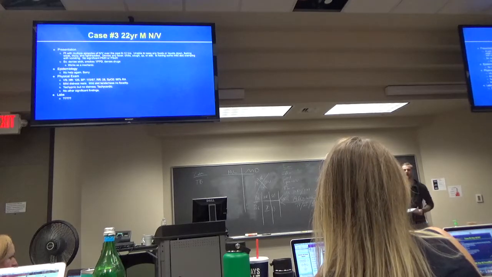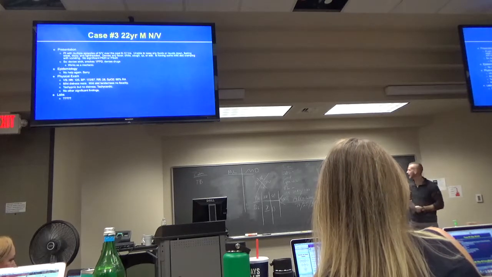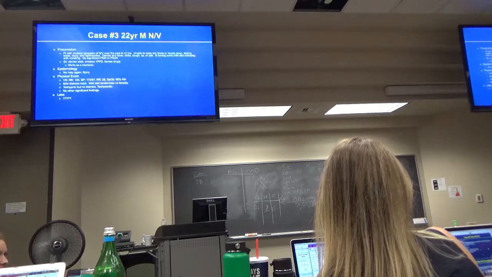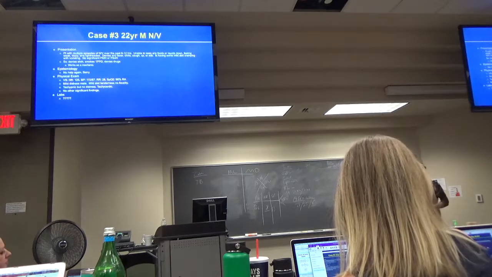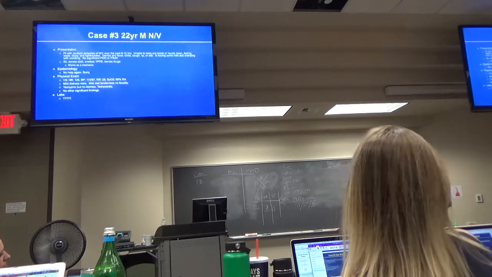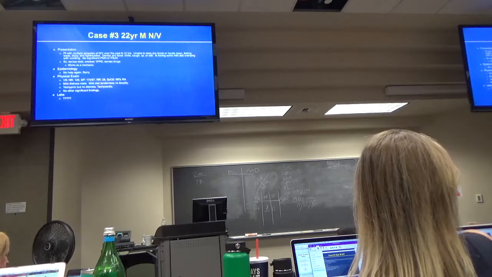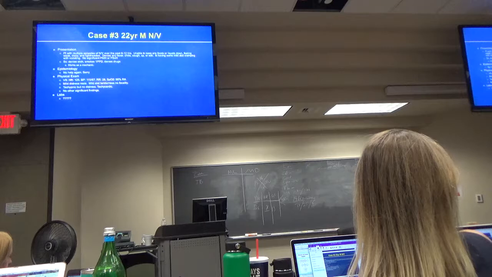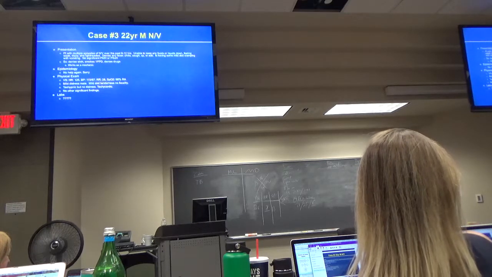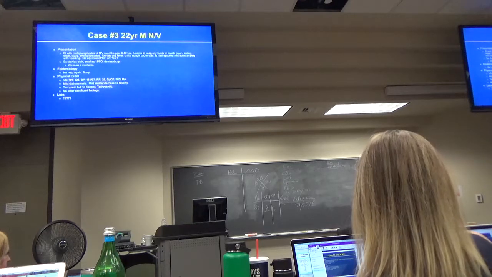Treatments. What do we do for treatment? Do we want to give him any treatments? Yes, IV insulin. How much? Somebody just say something. 10 units, IV.